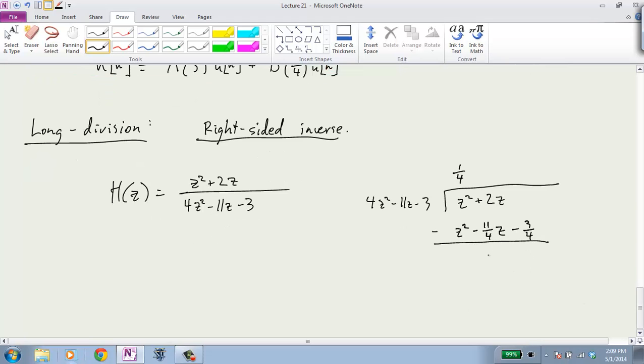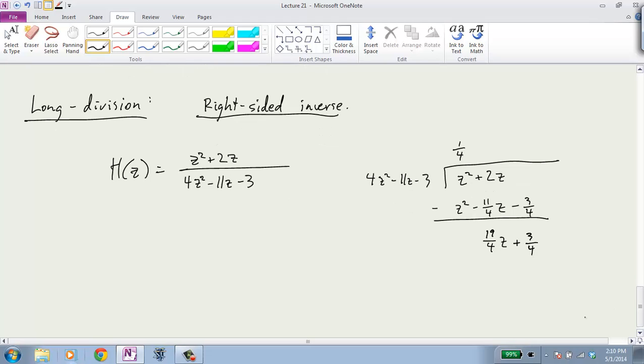And I'm going to get something of a lower order, right? So I'm going to get 19/4 z plus 3/4. Negative cancels, sorry. Now, I'm bringing up this method for two reasons. One would be I could continue to do this method and get another term. So now I say, okay, this is the remainder, so divide this by this.